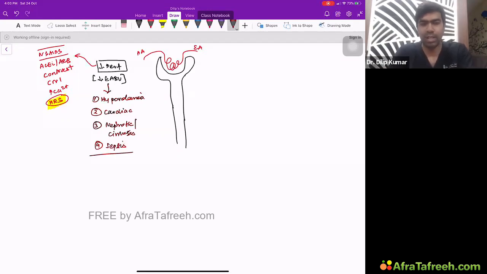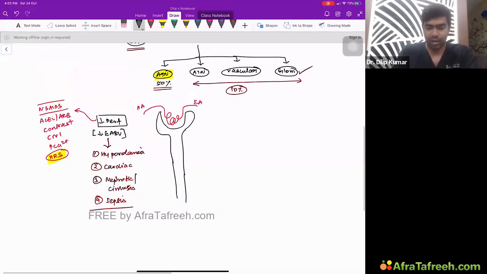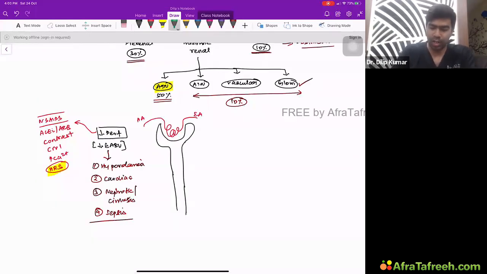So these are some of the examples where you can get a lower perfusion and a low effective arterial blood volume. Similarly, low perfusion can also happen in certain situations where there can be large vessel involvement. So large vessels of the kidneys may be involved. The best example for this I will call renal artery stenosis.